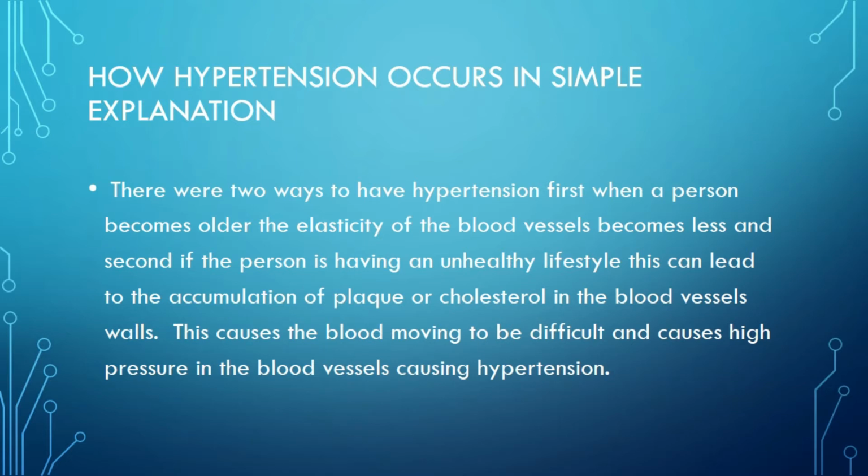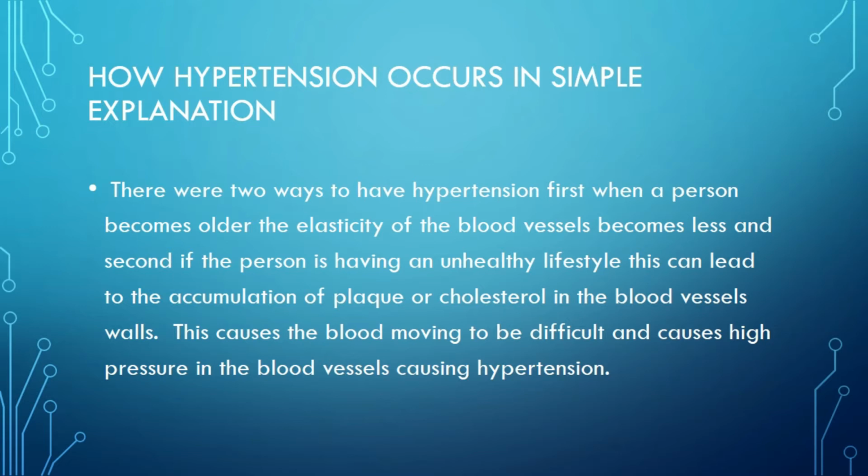In the picture we saw that there is block of the blood vessels wall by a plaque or cholesterol. This will force the blood to go through the blood vessels, and also the elderly they will be suffering that blood vessels will be reducing its elasticity.